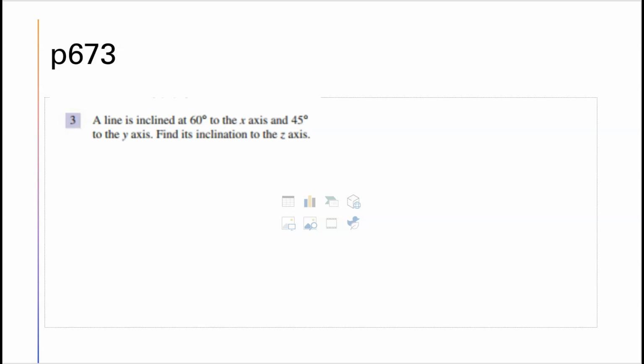Okay, here's a picture. We've got the Z, the X, and the Y. And we're told that a line is inclined at 60 degrees to the X and 45 to the Y. Find its inclination to the Z. Well, we already know L squared plus M squared plus N squared equals 1.